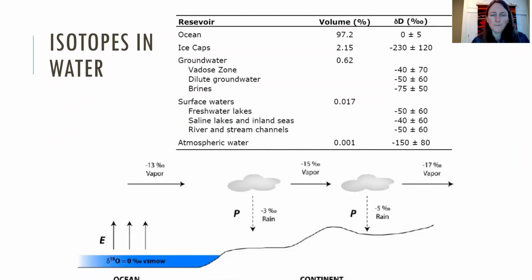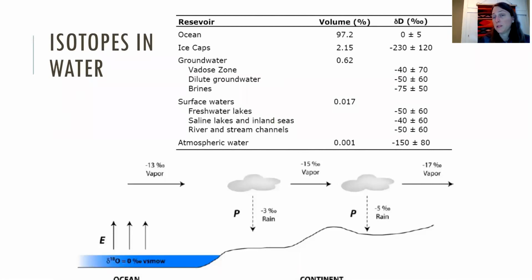Okay, so a little bit more about isotopes in water. You can see O18 values in the ocean are 0, but as it evaporates, it becomes more negative. That's because the heavy isotopes don't like to evaporate. So it's more negative in vapor, but then the heavy isotopes that end up in the vapor do fall out earlier. And so those values in the rain are less negative, right? And the water vapor actually gets more and more negative as it moves over the land surface.